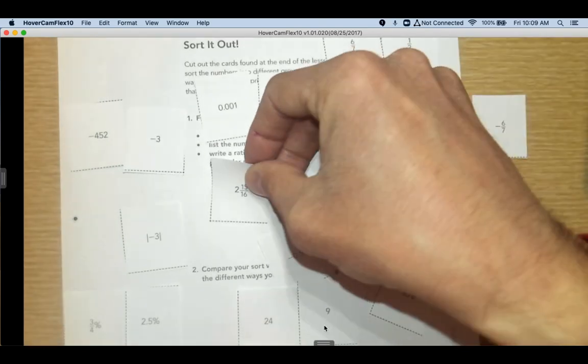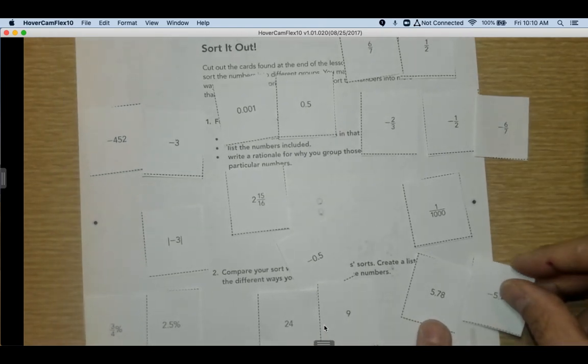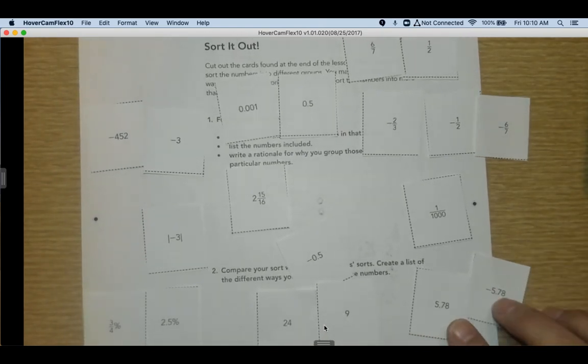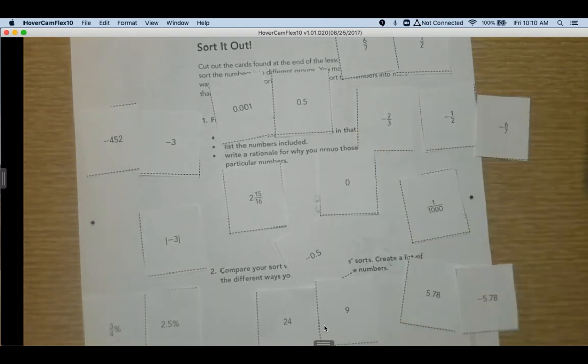Mixed number. We have a negative decimal, a number and its opposite. We have 0. We have a negative decimal.